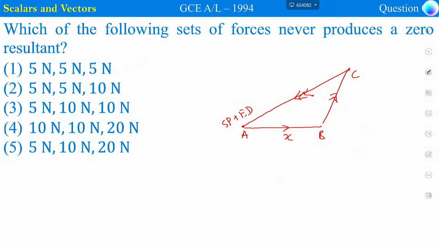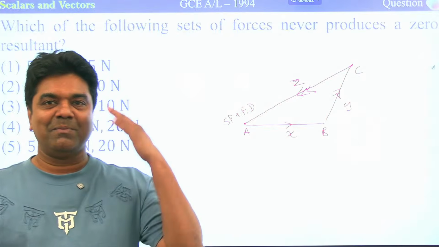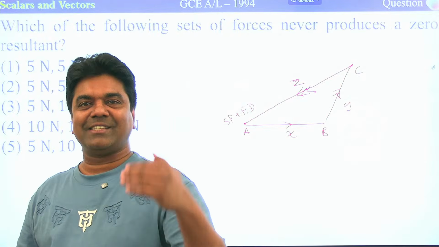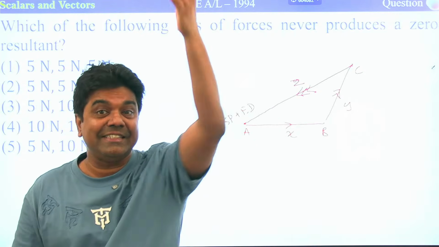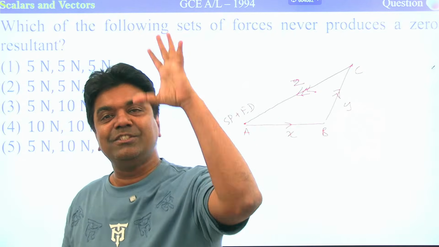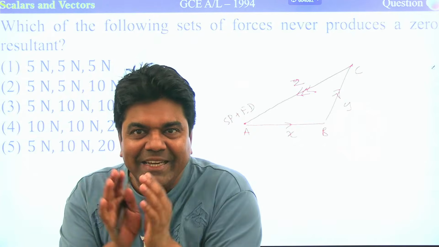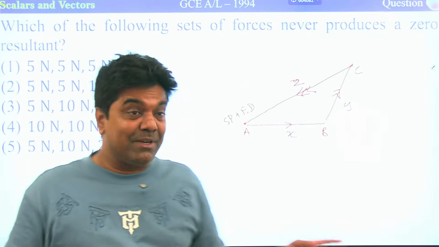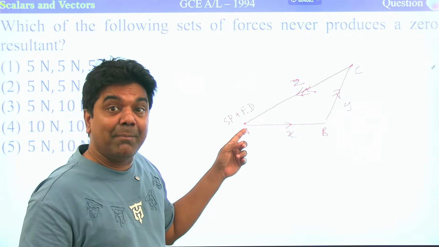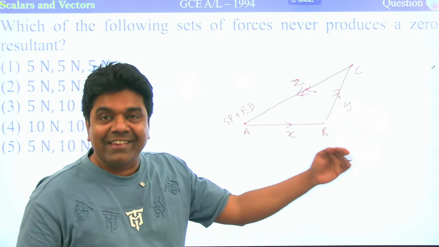So this is x plus y plus z. x ends at B, then starting at B, B to C is y, and C to A, the third vector, is drawn, completing the triangle. Then there is no resultant, because if there is a resultant, there must be a gap between the starting point and the end point.